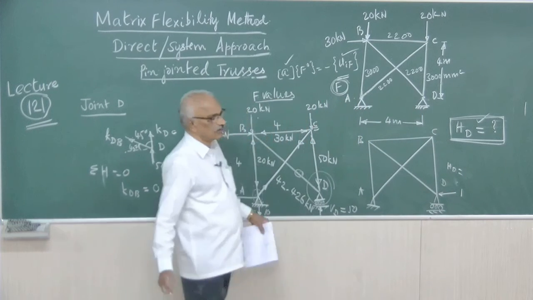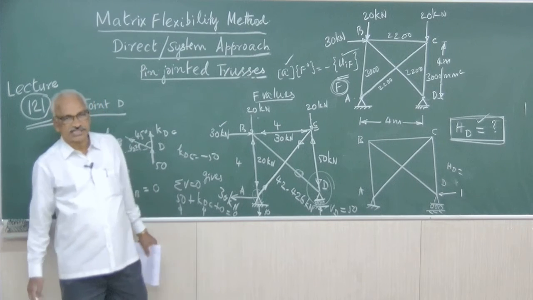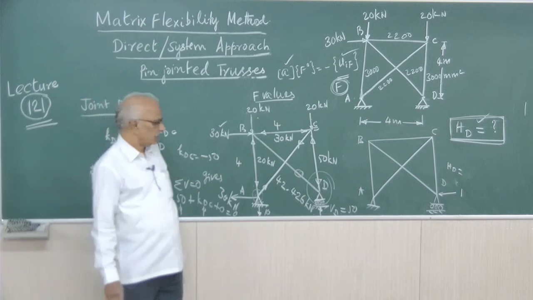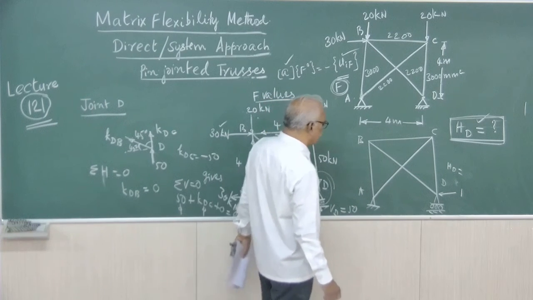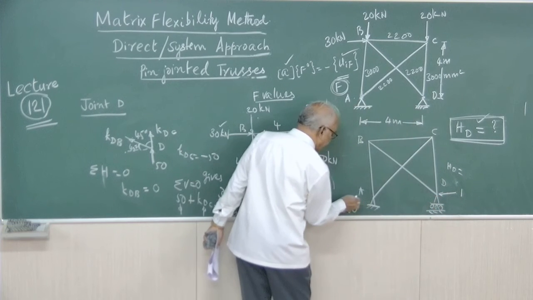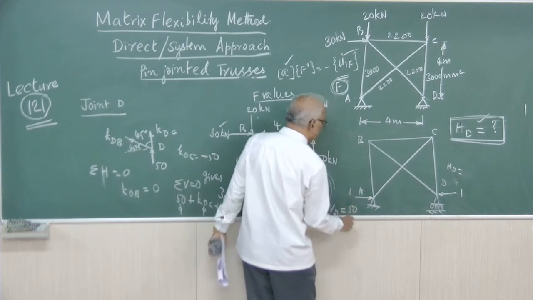Right. Now, here also, before starting the method of joints, we have to find out the reactions, because you have to satisfy the equilibrium conditions first. So, when we apply a force equal to 1 towards left, sigma H equals 0 will give a force towards right. So, this is the reaction.